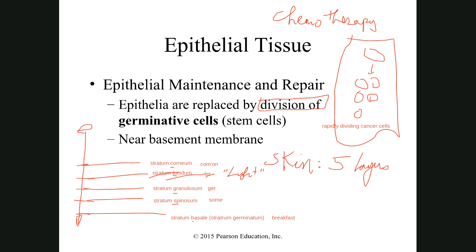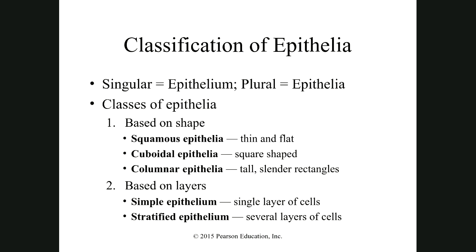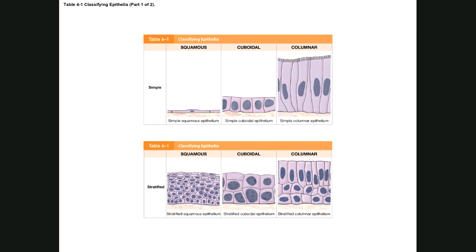Now, let's do a couple more before we take a break. Classification of epithelium, where I say if it's thin, squamous, cuboidal, columnar, simple epithelium or stratified epithelium. And your job is to give some examples.